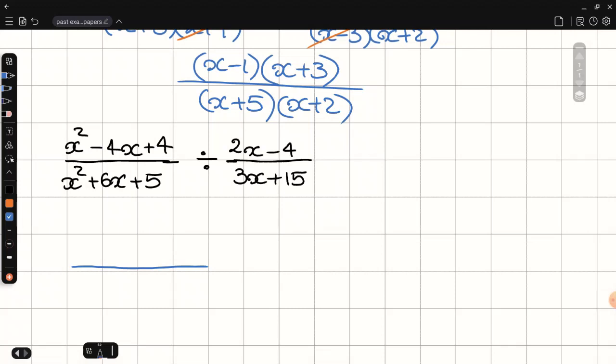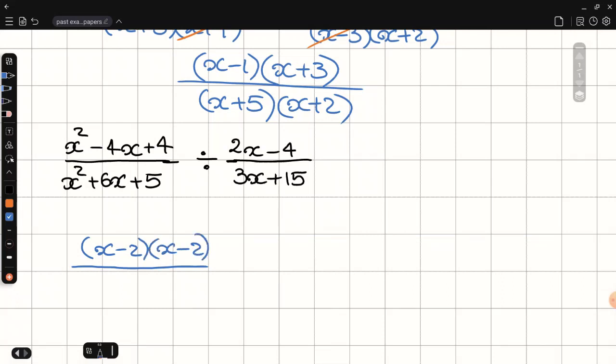These two numbers are negative 2 and negative 2, because negative 2 times negative 2 gives us positive 4, but if I add them, it gives us negative 4. So I'm going to write it as x minus 2, x minus 2.